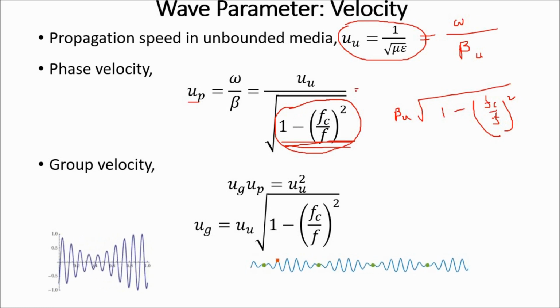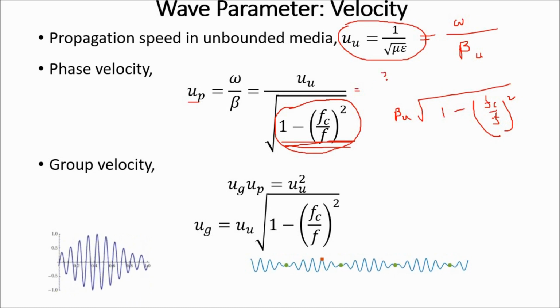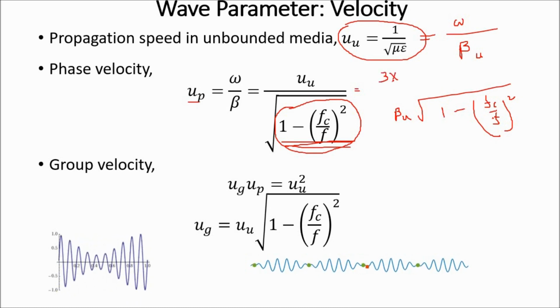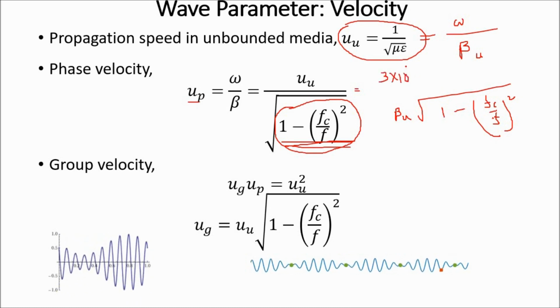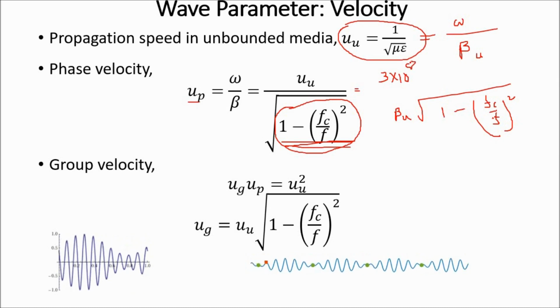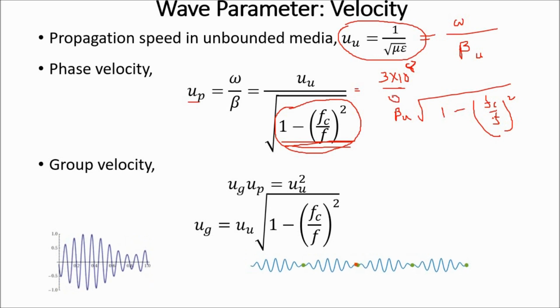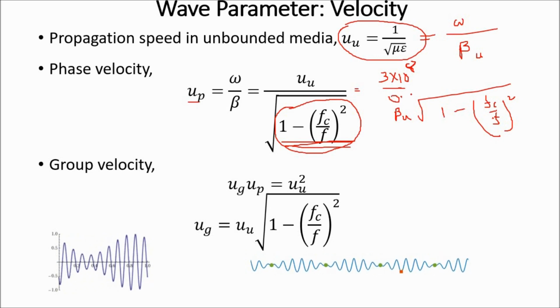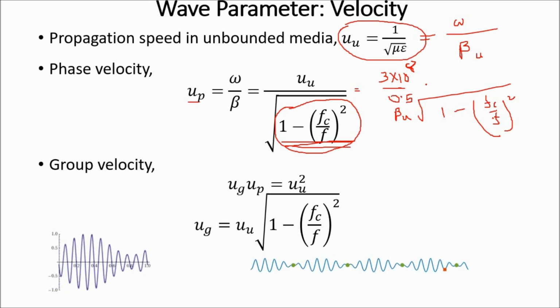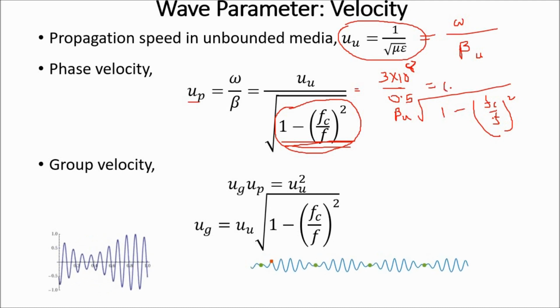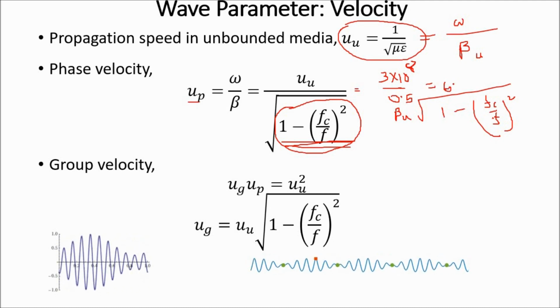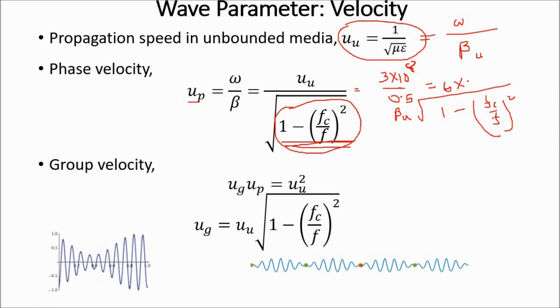So if you assume that u is 3 times 10 to the power 8, and divide it by something less than 1, let's say 0.5, then this value becomes 6 times 10 to the power 8.